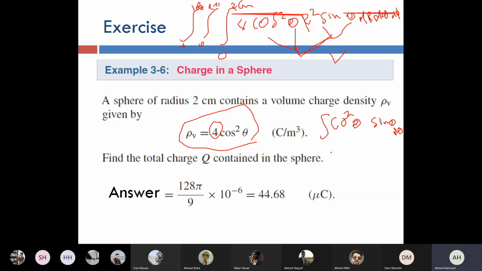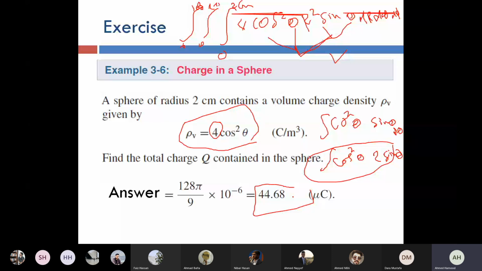We already know that cosine square phi will be (1 plus cosine 2 phi) over 2. You have to do this integration part one by one. At the end, you will get 44.68.